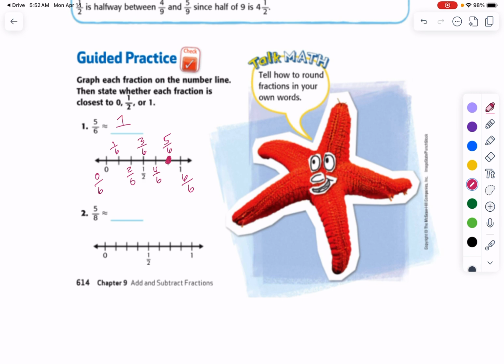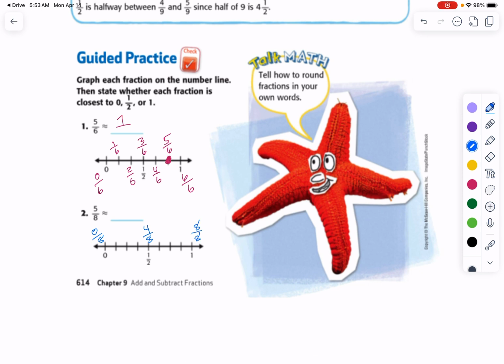Okay, how about 5 eighths? Well, first of all, what's half of 8? 4, right? So our 1/2, our middle fraction, is 4 eighths. So this would be 0 eighths, and this would be 8. 1 whole is 8 eighths.